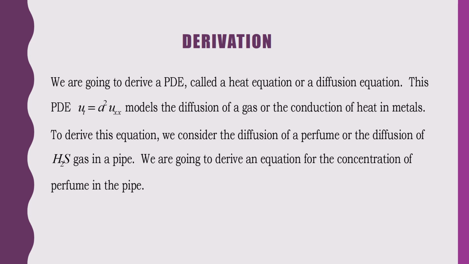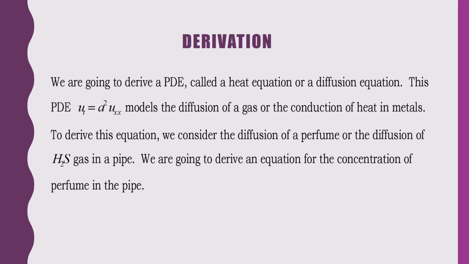We have only one space variable x. So, we call this equation a one-dimensional diffusion equation or heat equation. The constant a² reminds us of the necessity of a positive constant in this equation.